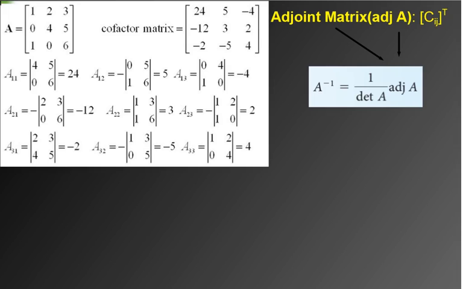So cofactors are these determinants that you get by Xing out any row or column and then taking the determinant of the resulting piece. The cofactor matrix is the matrix built out of all those determinants, following the sign pattern, the plus, minus, and so on.